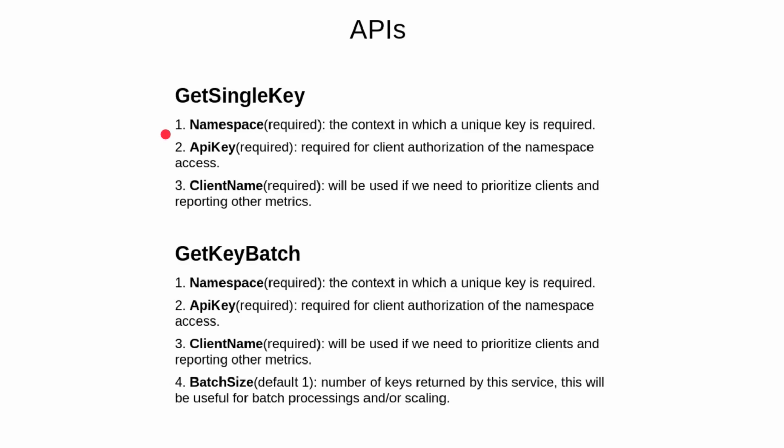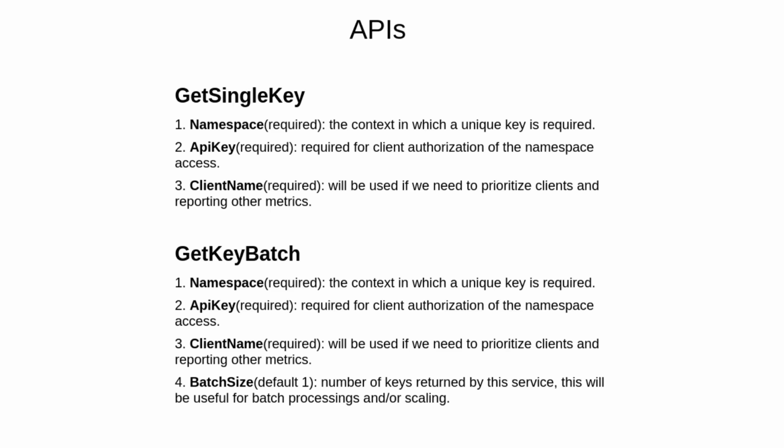First is get single key. It will return one unique key, and the parameter to that API is namespace. Namespace defines the context in which a unique key is required. Two different namespaces can have duplicate keys.